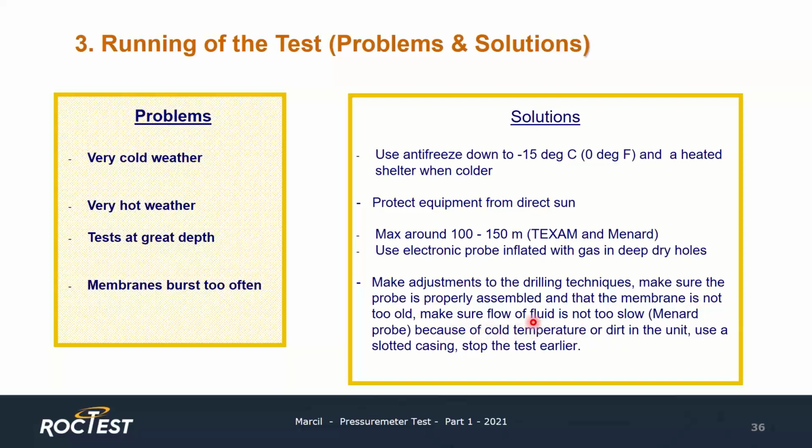You have to make sure that the flow of fluids is not too slow when using a Menard pressuremeter because of the cold temperature or because of dirt in the unit. So you have to make sure that the unit is very clean. And finally, you might have to use a slotted casing in difficult soil, or you may have to stop the test early.